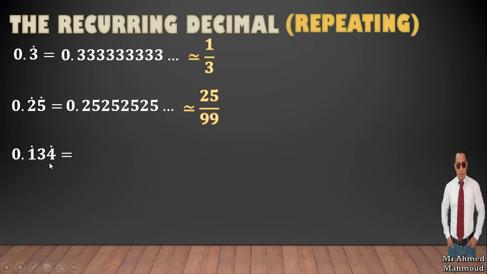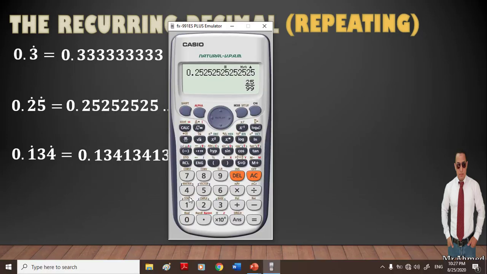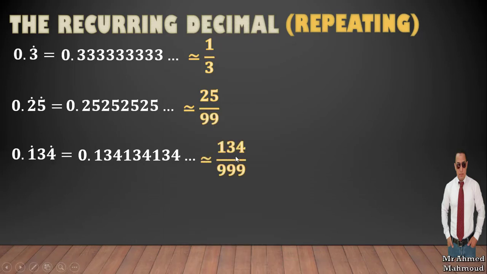So it will be like this, 0.134, 134, 134 and so on. In the calculator, equal 134 over 999.